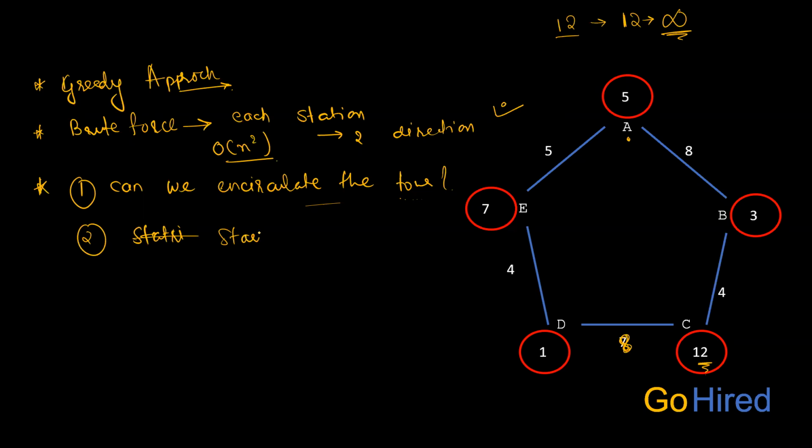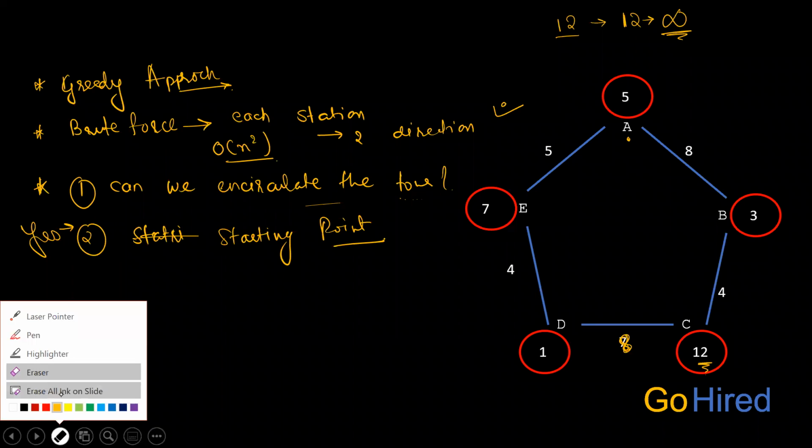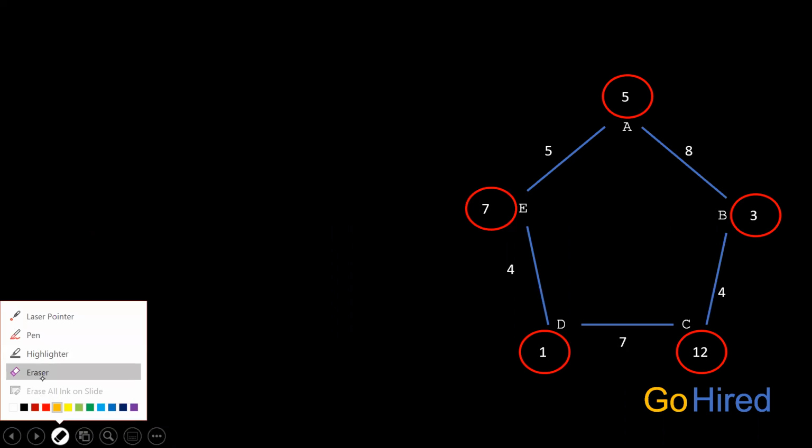At a high level, for finding out whether we can even make the tour or not, we can do one thing. We can add the values of the nodes, the petrol that we have in total. That is the first thing that we can do to ensure whether we can even complete the tour or not. Exactly that was my point when we were thinking about whether we can encircle or not.